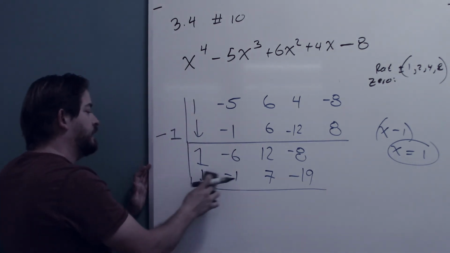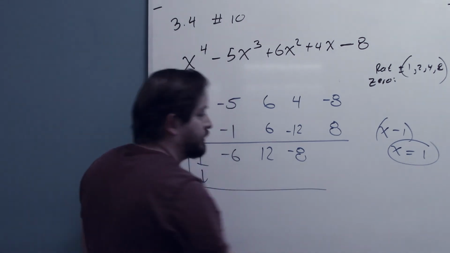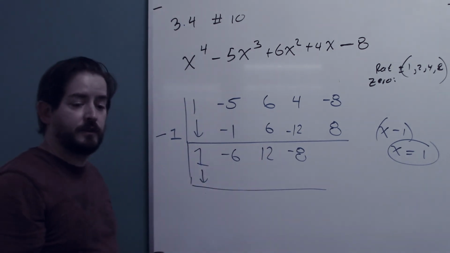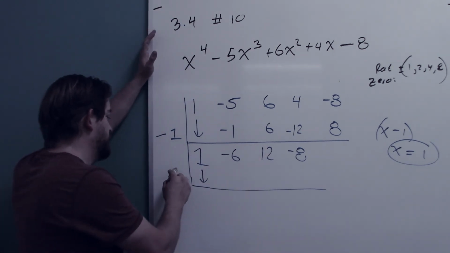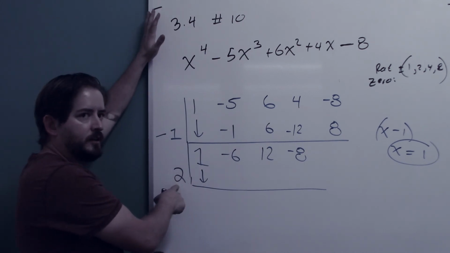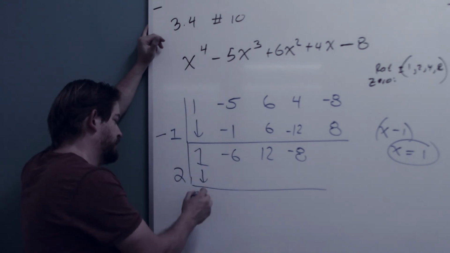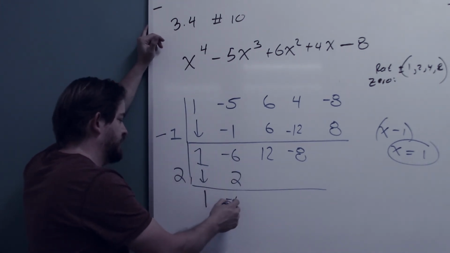And really, again, all I have to do is find that next 1. Because if I find a second 0, I'm at a second degree polynomial and I can bag this synthetic division and just factor. So let's go to 2. Positive 2 here, right, means x equals -2 would be a 0. 1 drops down. 2 times 1 is 2. -6 and 2 gives me -4.